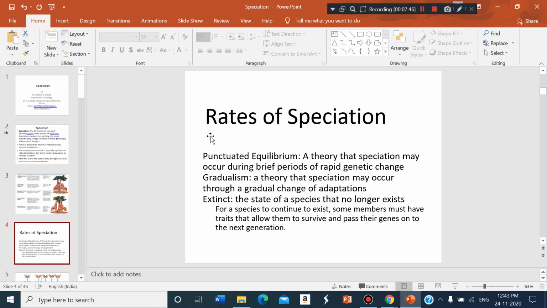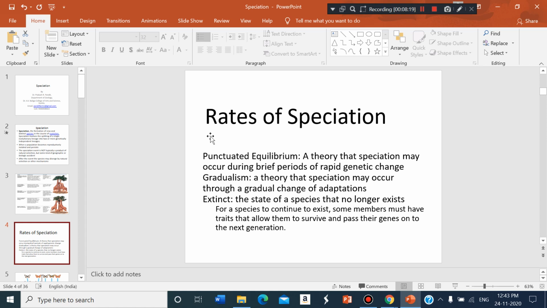Another is gradualism. Here, it says that speciation may occur through a gradual change of adaptation, step by step, like the lengthening of the neck of the giraffe. By lengthening the neck slowly, in every generation there will be minute, very subtle changes, and it helps gradually to adapt itself to nature.